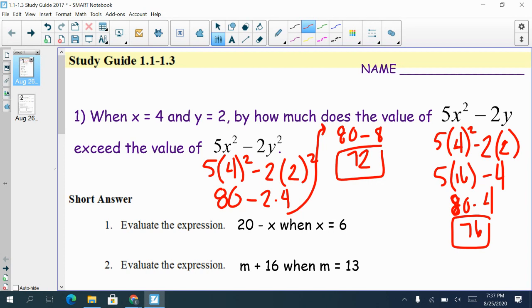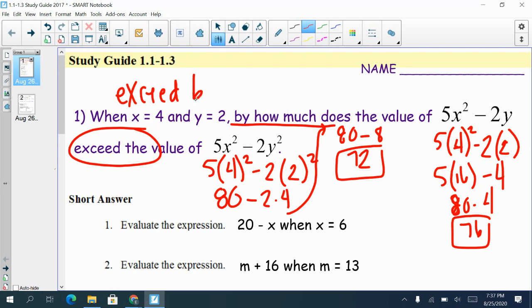Okay, so the question though is by how much does it exceed? So how much does 76 exceed 72? So it exceeds by 4.